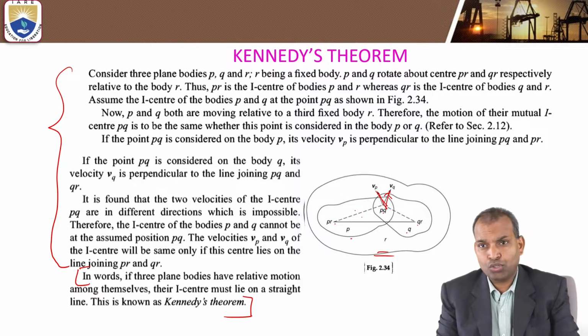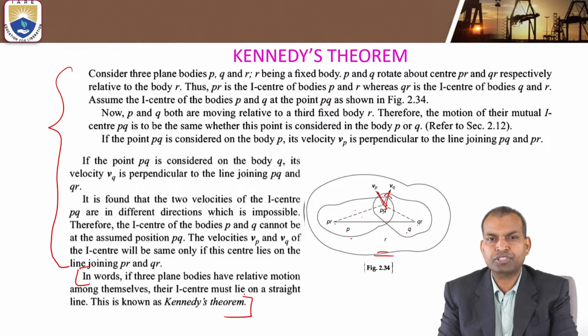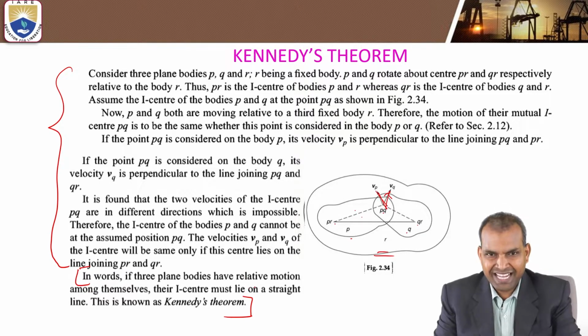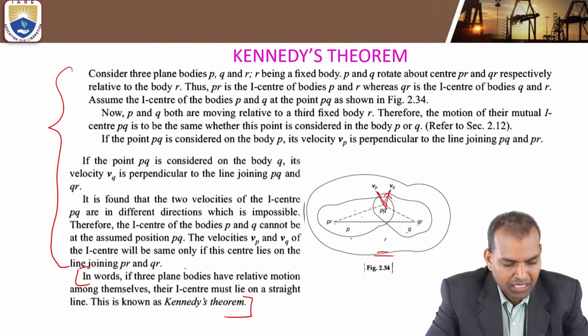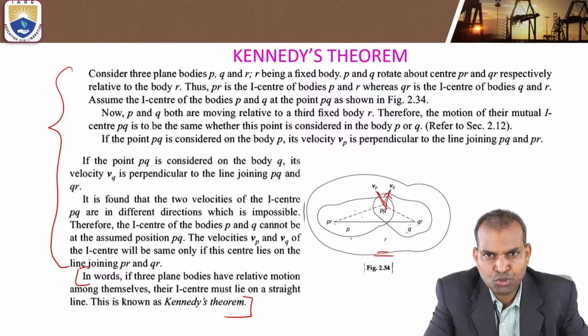So that indicates that when three bodies have relative motion among themselves, their I centers lie on a straight line. This is known as Kennedy's theorem, pronounced as Arnold Kennedy.